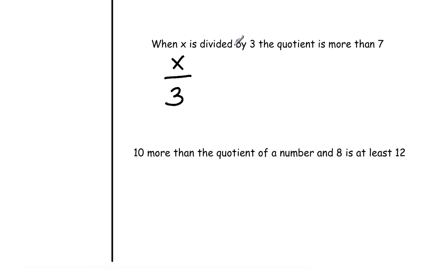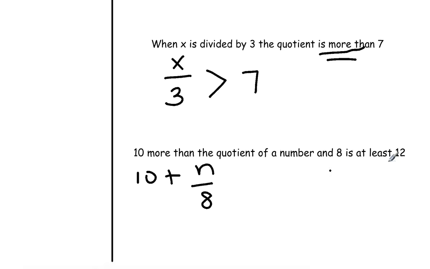The quotient of x divided by 3 is more than 7. Or 10 more than, so in this case it's not is more than, it's just more than, so I know I'm adding. The quotient of a number and 8 is at least.